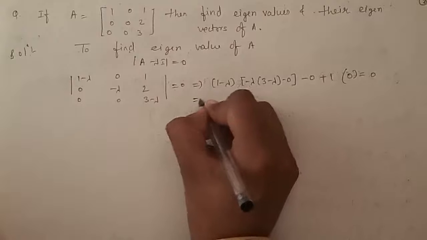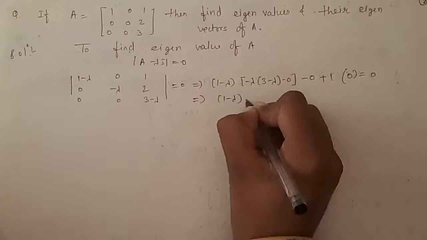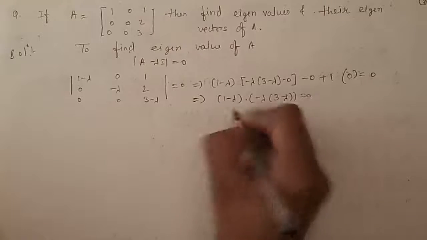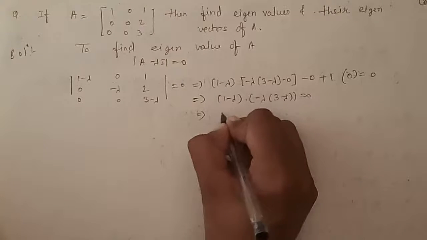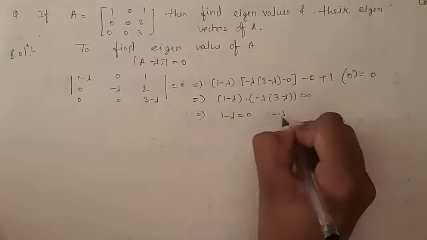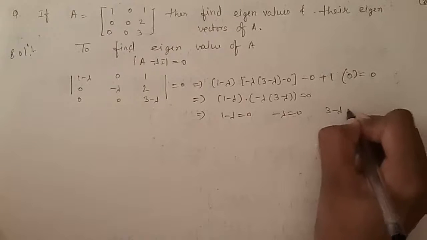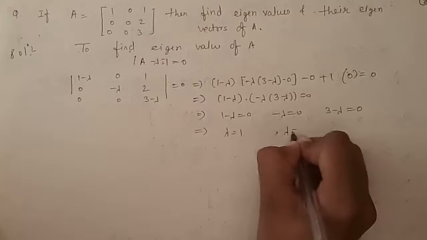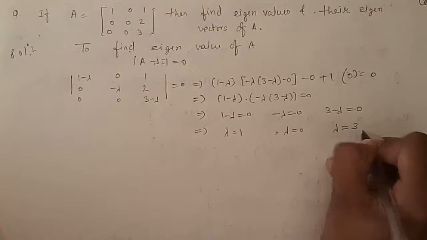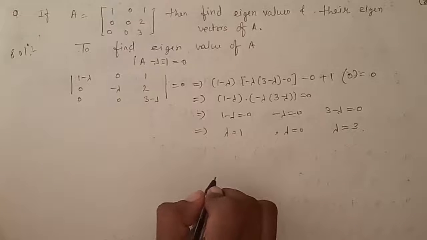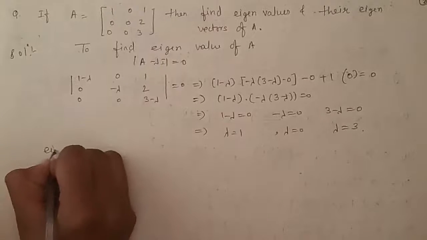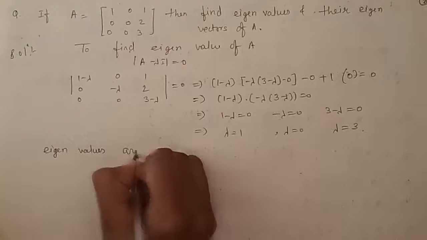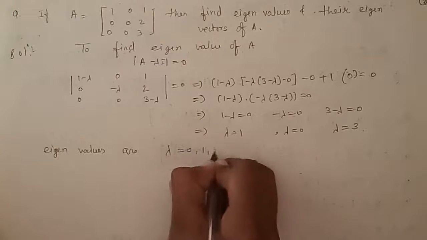So we will get 1 minus lambda into minus of lambda into 3 minus lambda is equal to 0. Simply I can say that 1 minus lambda is equal to 0, minus lambda is equal to 0, 3 minus lambda is equal to 0. So lambda is equal to 1, lambda is equal to 0 and lambda is equal to 3 are our eigenvalues. So eigenvalues are lambda is equal to 0, 1 and 3.